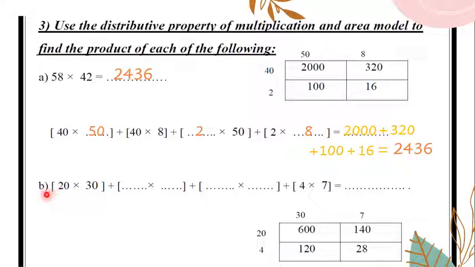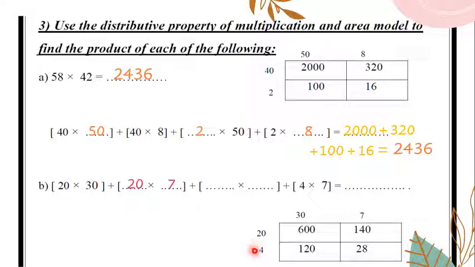Exercise B. He already drew for me the area model and he broke the numbers and he solved the multiplying and put the answer into the boxes. Let's distribute 20 times 30. He already wrote it for me. So what is the second step? To make 20 times what? 7. Excellent. 20 times 7.